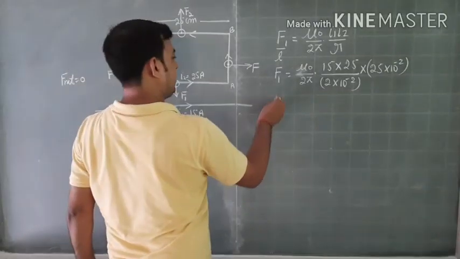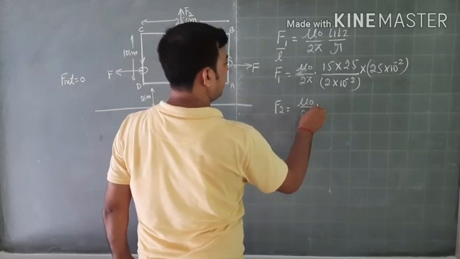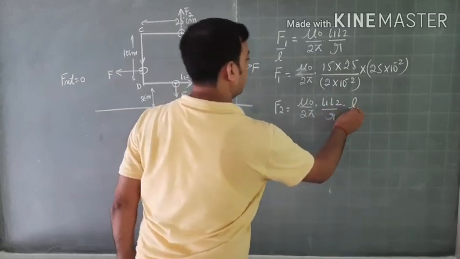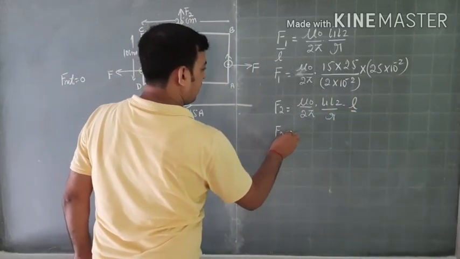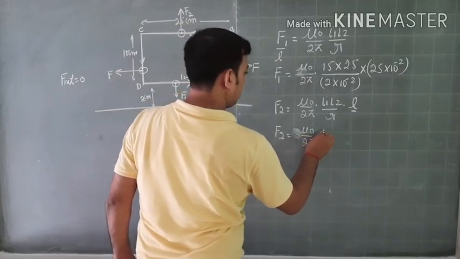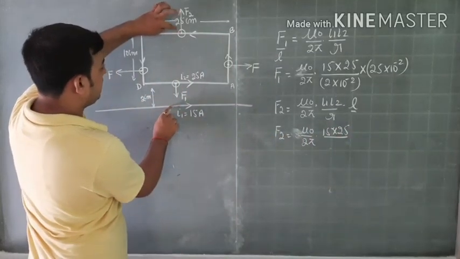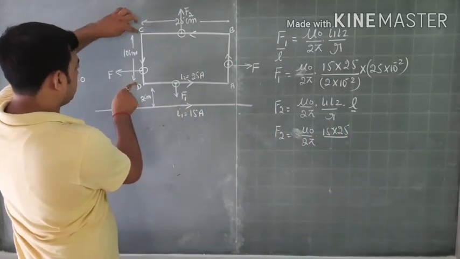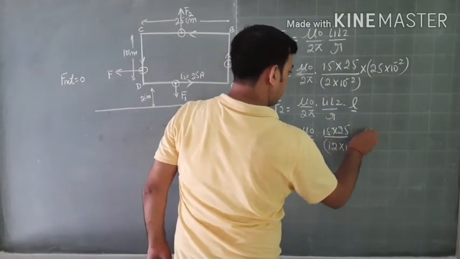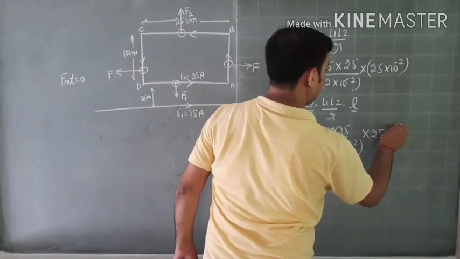And F2, similarly I can write the formula as mu naught by 2 pi I1 I2 by R into L. Now I1 is 15, I2 is 25, but the R is changed. Now R is the separation between this arm and this wire, and that is going to be 10 plus 2, that is 12 into 10 raised to power minus 2, and definitely the length is 25, so this will remain as it is.